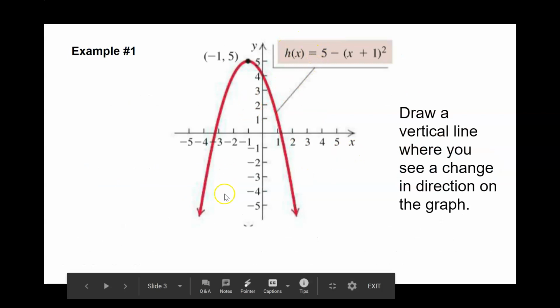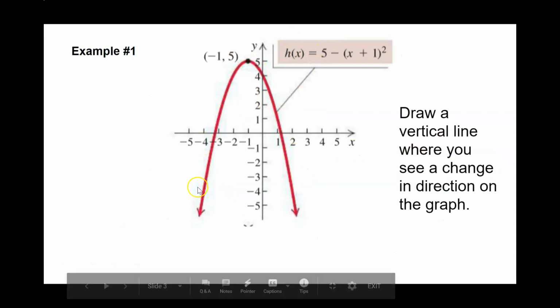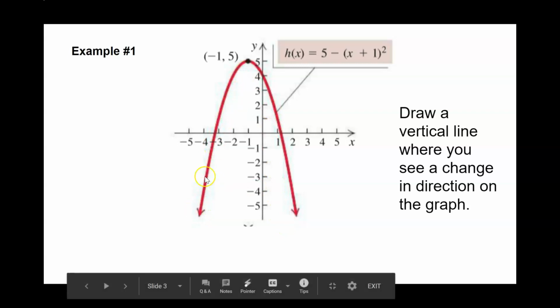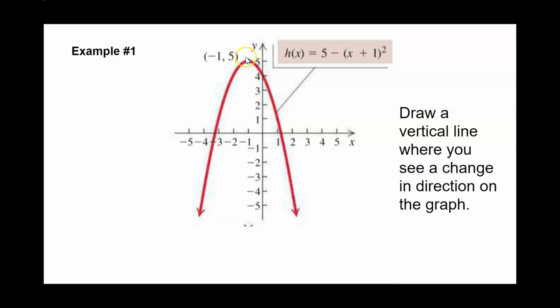So here's a basic parabola. This one is open downward, so this is what's called a negative parabola. But here, this is the point of direction change. If we read it from left to right, we notice that it changes direction at this point here, which is called the vertex.